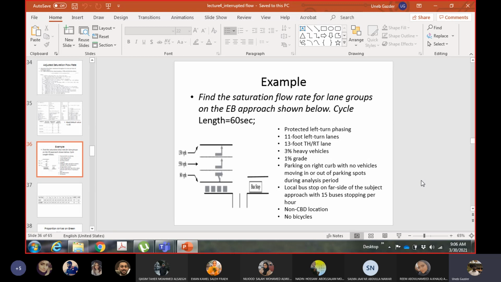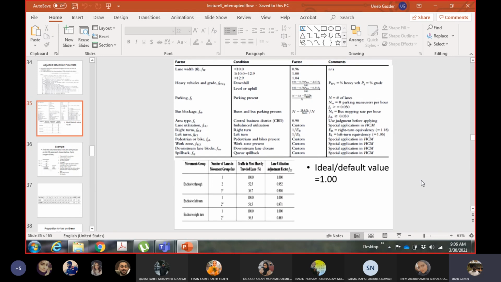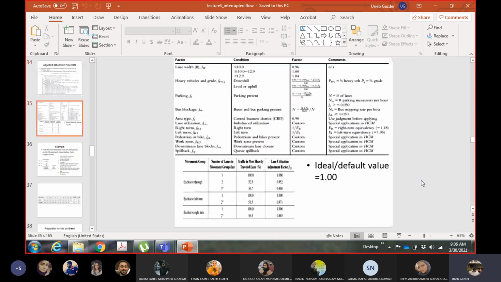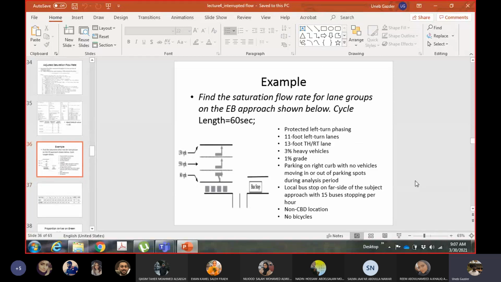Now, first of all, should we take the base values, urban location? Now we discussed the concept of movement group and lane group yesterday. So we have total 3 lanes. Can somebody identify the number of movement groups and lane groups in this figure?